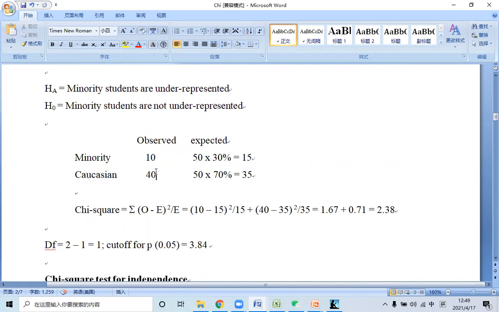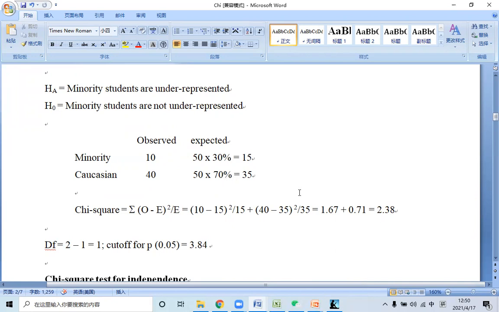Your observed value is 10 out of 50 students who are non-white minorities, and 40 who are white majorities. Does this pattern fit the pattern of 30% minorities or 70% Caucasians?